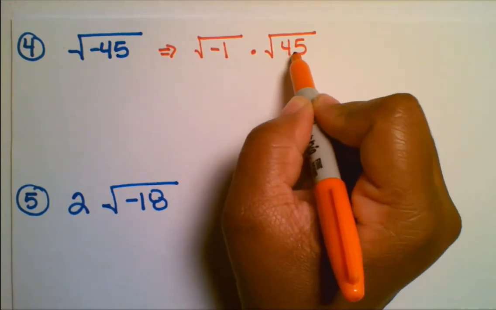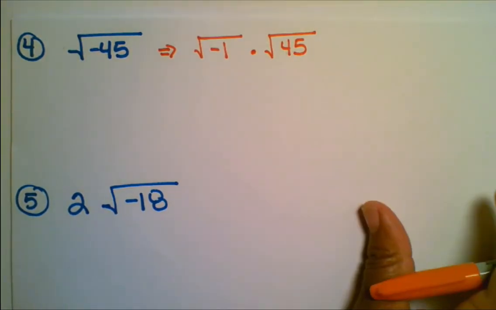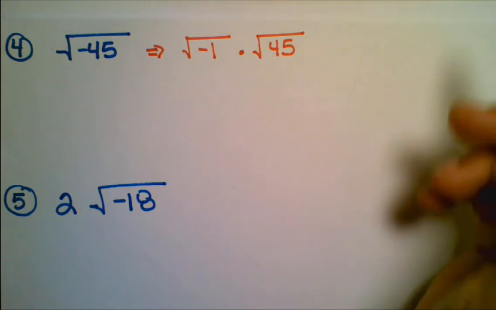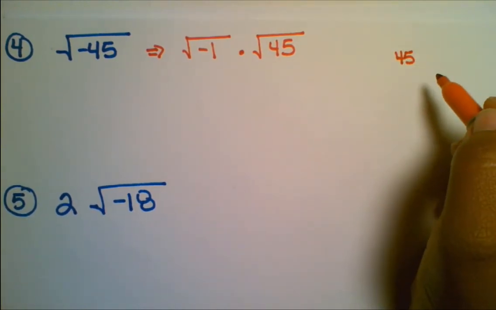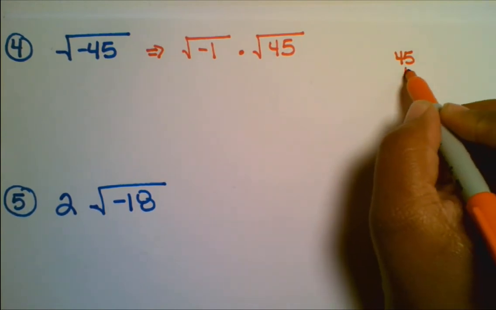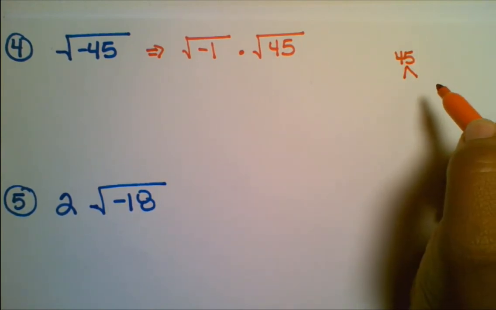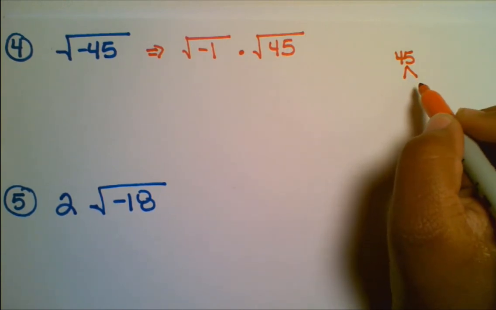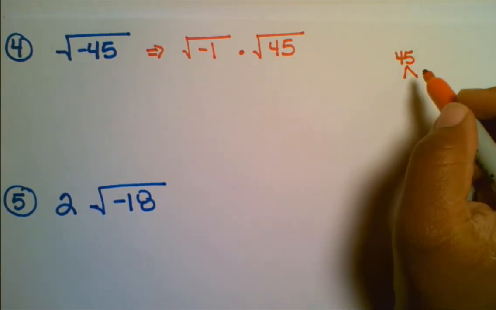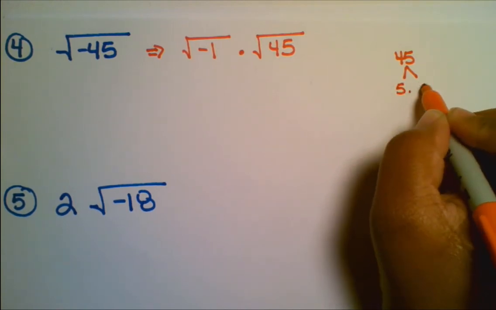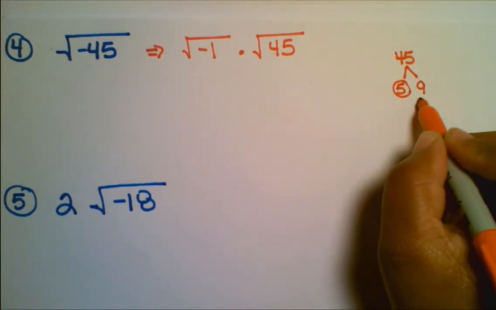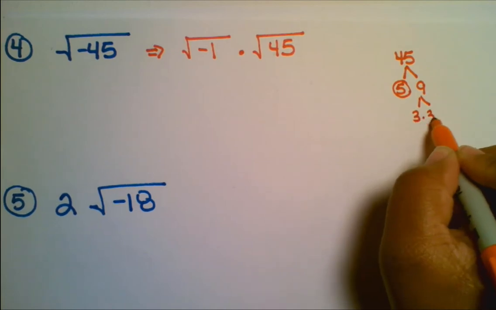Now the number 45 is not a perfect square, so we're going to have to find factors of 45 where one of its factors is a perfect square. So let's use the prime factorization method where we create the prime factorization tree. We have here 5 times 9. 5 is prime, break down 9, we have 3 and 3.